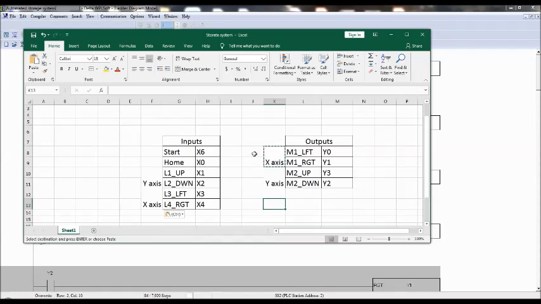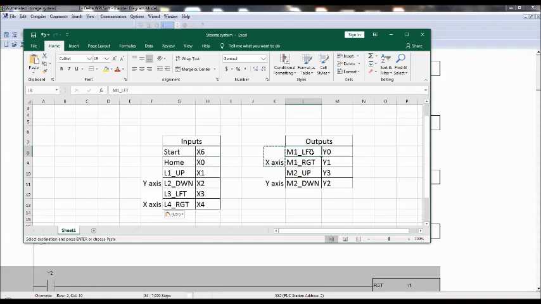Now the addresses are also given. L1 is given to x1, L2 to x2, L3 to x3, L4 to x4, and y0 is given to motor 1 left. That means one DC motor is there, but it can rotate clockwise as well as anticlockwise. There is an interfacing circuit and a direction changing circuit, which we completed in the interfacing module.